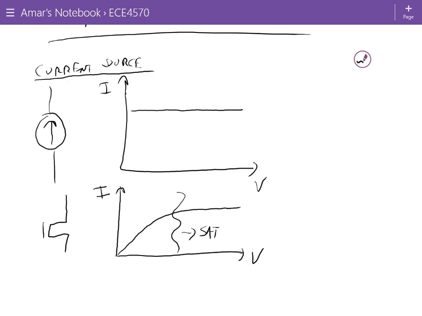So the performance of the current source, if you don't have the short channel effect, which is also called the early effect, you'll just have a nice flat horizontal line like this. You'll have a perfect current source for your circuits.